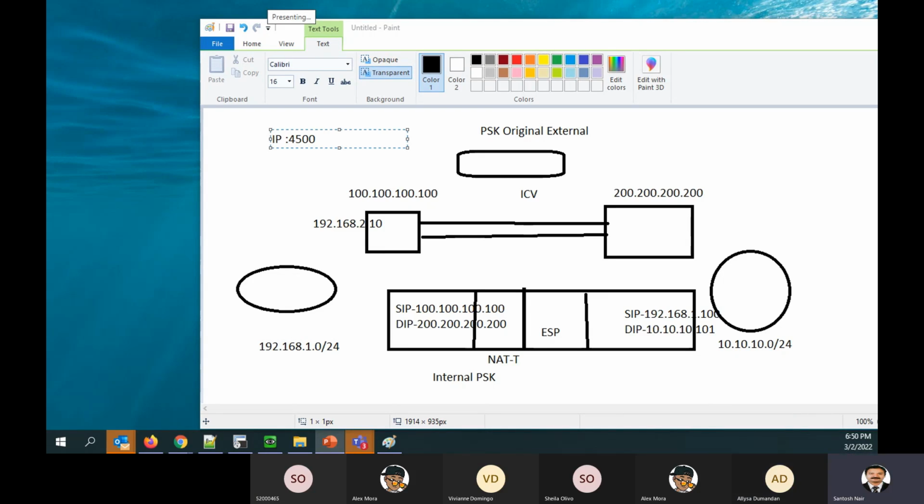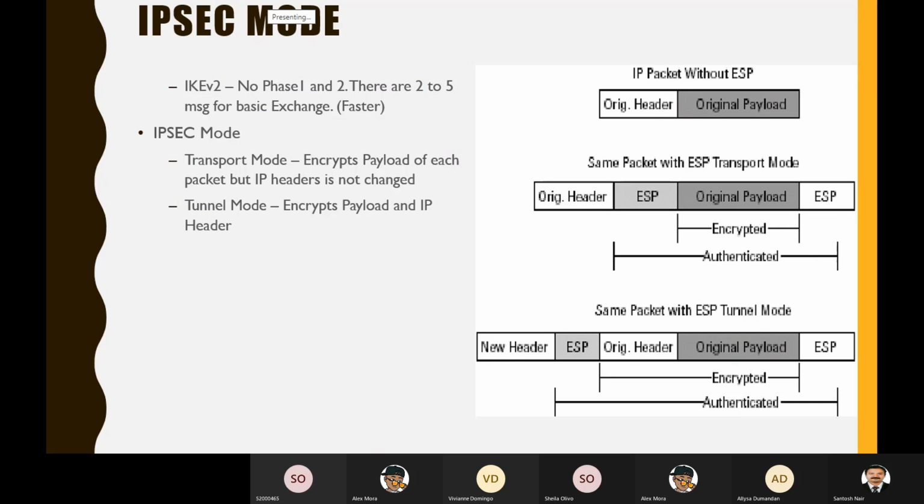There was a spelling mistake in there. This is tunnel mode. There was a typo here. It was mentioned as transport mode. So in tunnel mode, it will encrypt both the payload and the IP header, and we will have a new IP header for the packet. Whereas in transport mode, it will only encrypt the payload.